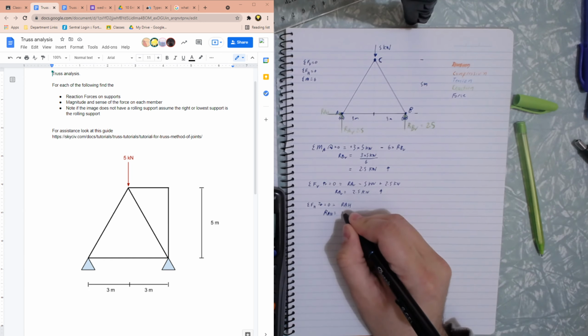So if we go sine 59 times force BC, and we simplify that, we have force BC equals 2.5 divided by sine 59.